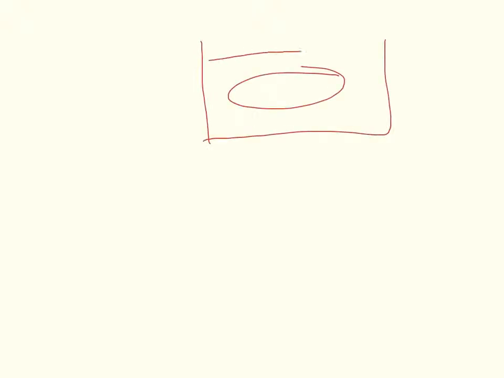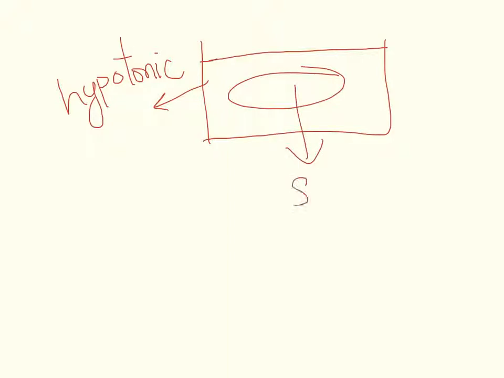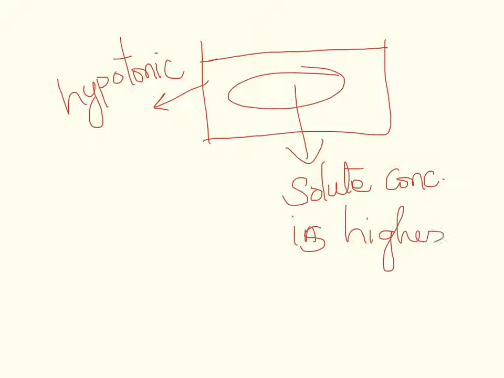If the red blood cell was stored in a hypotonic solution, the solute concentration inside the cell is higher than outside of the cell.